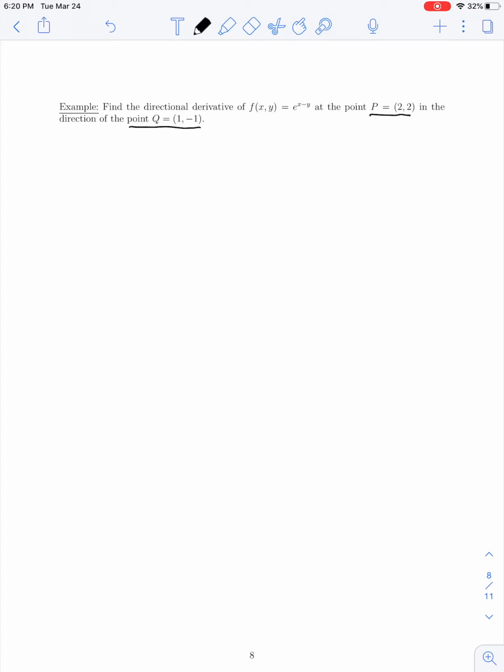So again, we're going to start by finding a vector that moves from the point P in the direction of the point Q. So for our direction vector v, we could take the vector from point P to point Q, whose components are negative 1, negative 3.